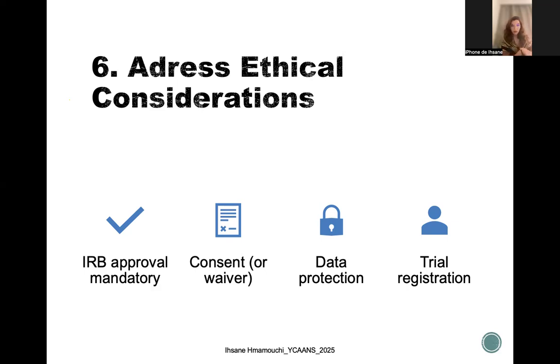Then you should also have informed consent. And you should verify the confidentiality, making the data de-identified and files secure. And if you want to run an RCT, you should register it on clinicaltrials.gov, for example, as a platform.